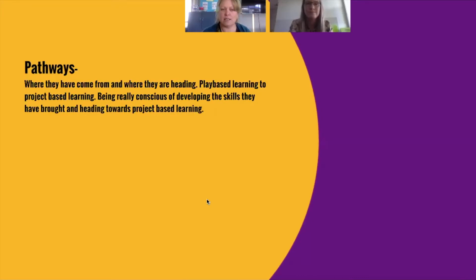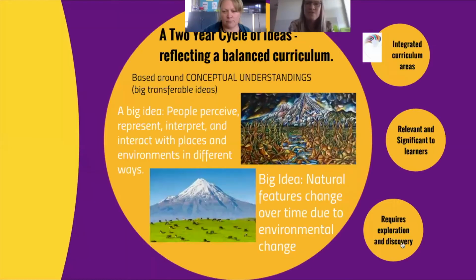So they are ready for this kind of learning and developing the skills to be lifelong learners. They're learning a little more consciously about the processes of learning. And our reminder circle shows that everything we do requires exploration and discovery, because that's really going to entice them in.